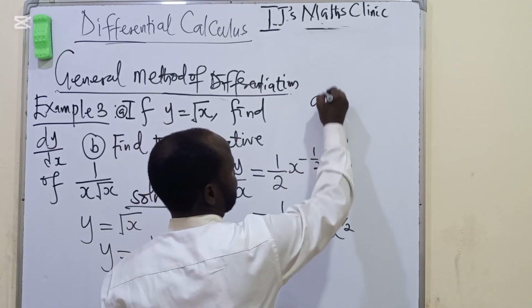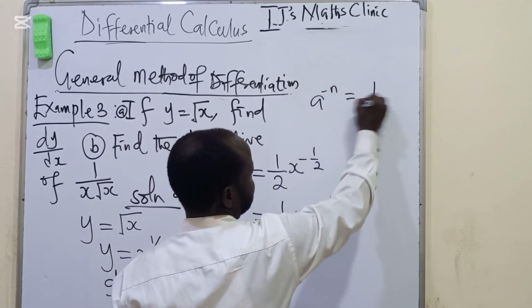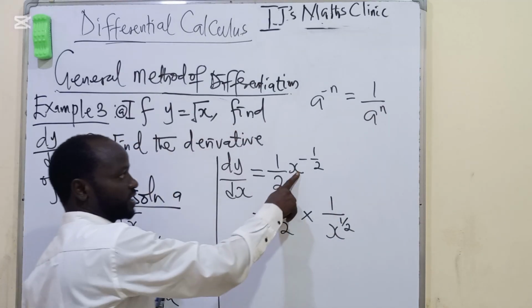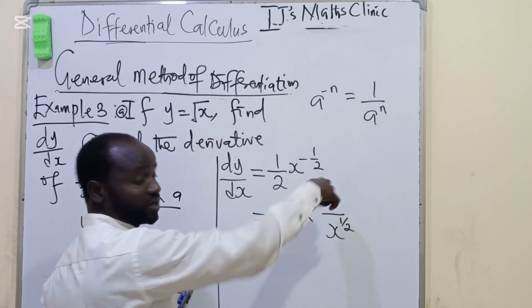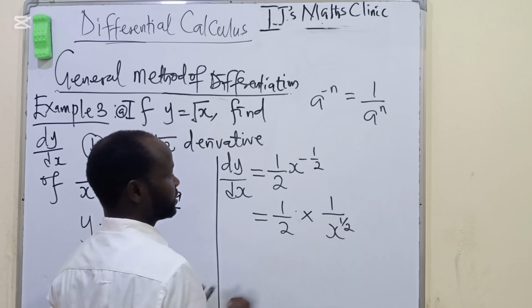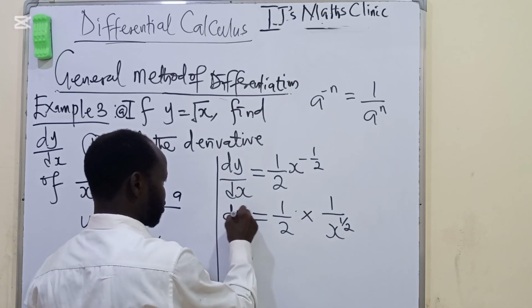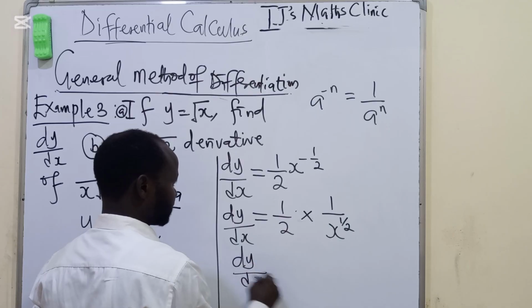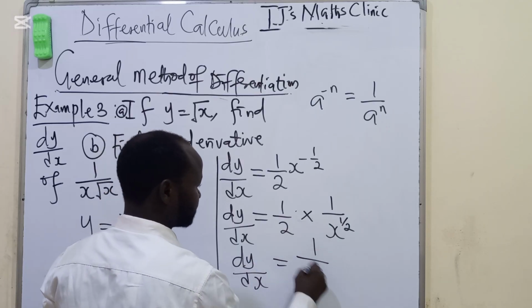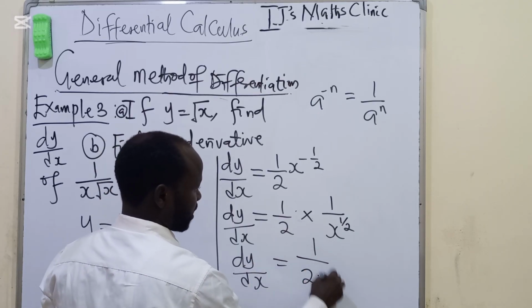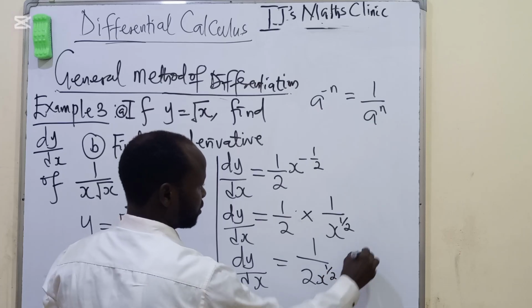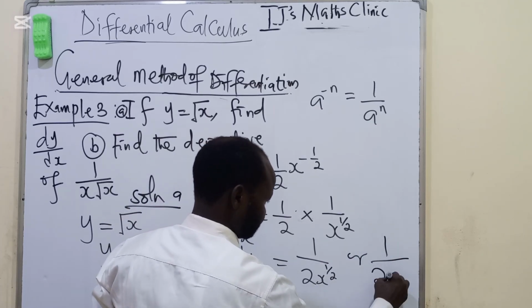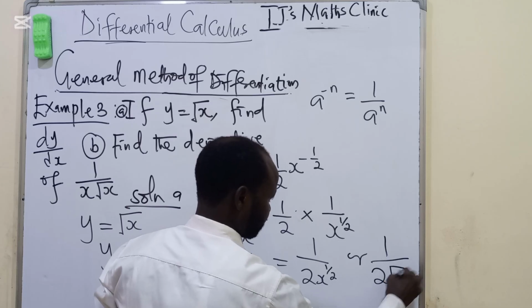If we have a power minus n, this is the same thing as 1 divided by a power n. Since we have x power minus half, it's the same thing as 1 divided by x power half. So this is our change in y now. And finally, change in y with respect to x will be 1 divided by 2x power half, or we can write it as 1 divided by 2 root x.